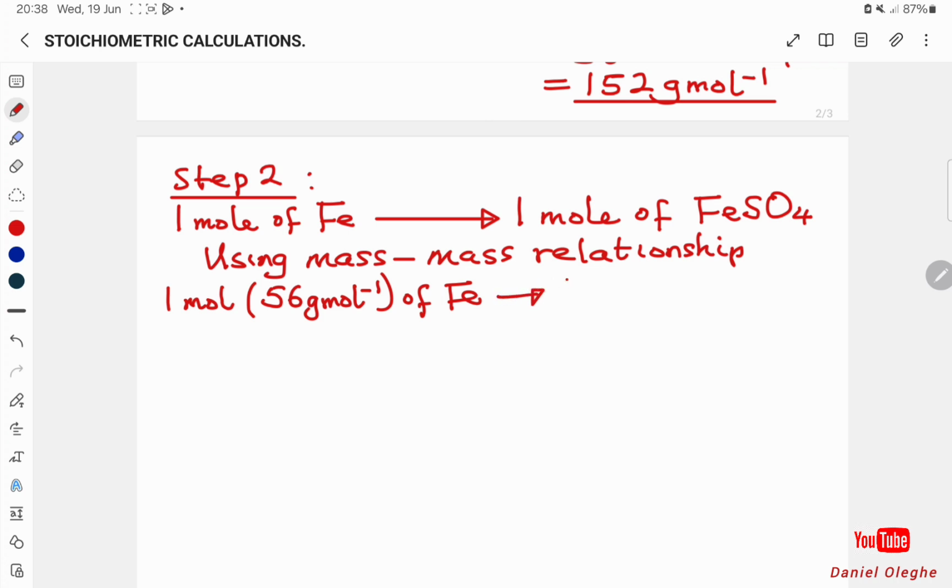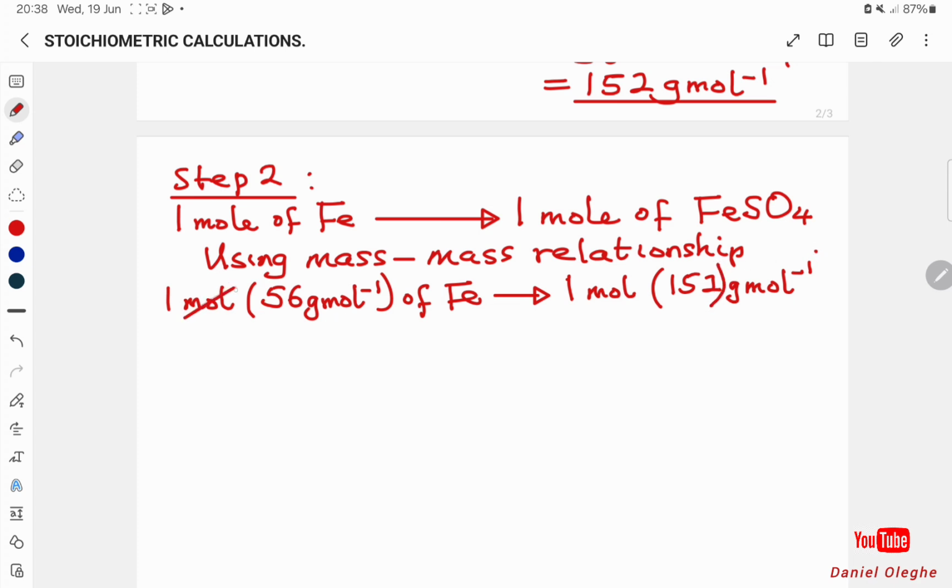The same way, you multiply 1 mole of FeSO4 by the molar mass we have calculated above, which is 152 gram per mole.